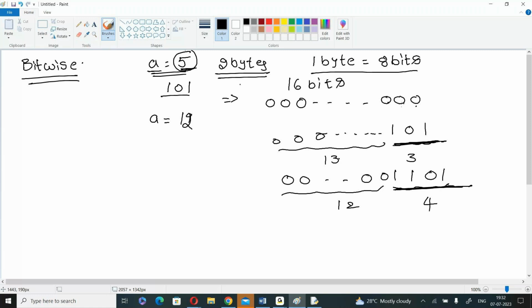Now move to the operations. The first operation is bitwise AND. What is the operator? Ampersand. Just like plus is used for addition, ampersand is the name of the operator used to perform bitwise AND.